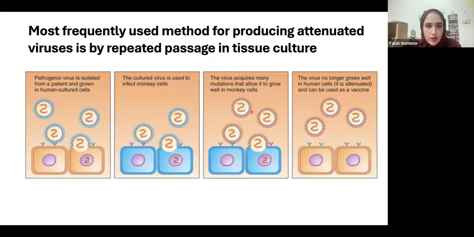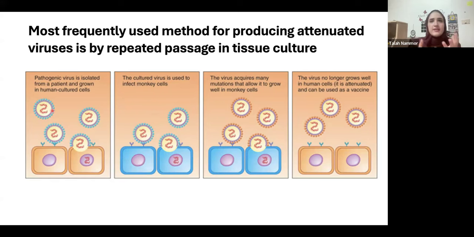Okay. Moving on. How do we create these attenuated viruses? I don't know if this is important, guys. This is just a picture in the slide, and I just said, why not explain it? Basically, they take this virus and keep infecting it into, for example, a monkey.